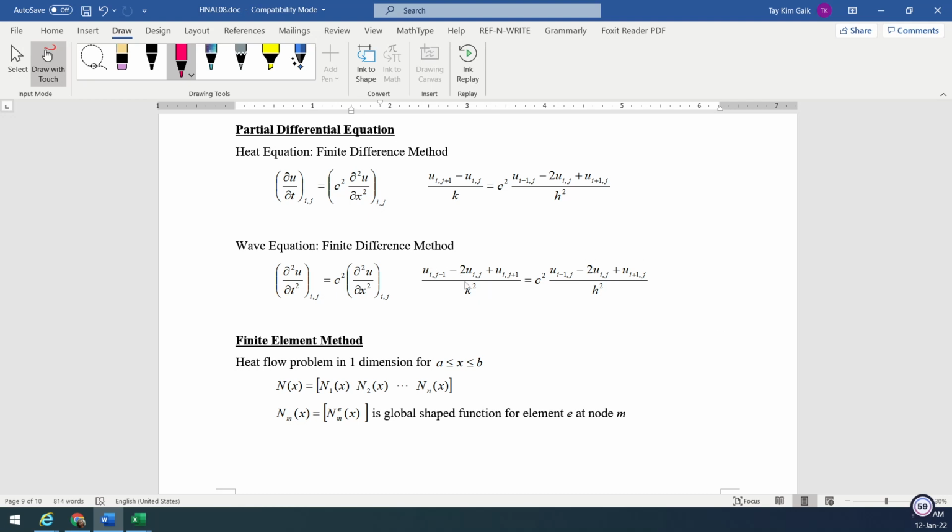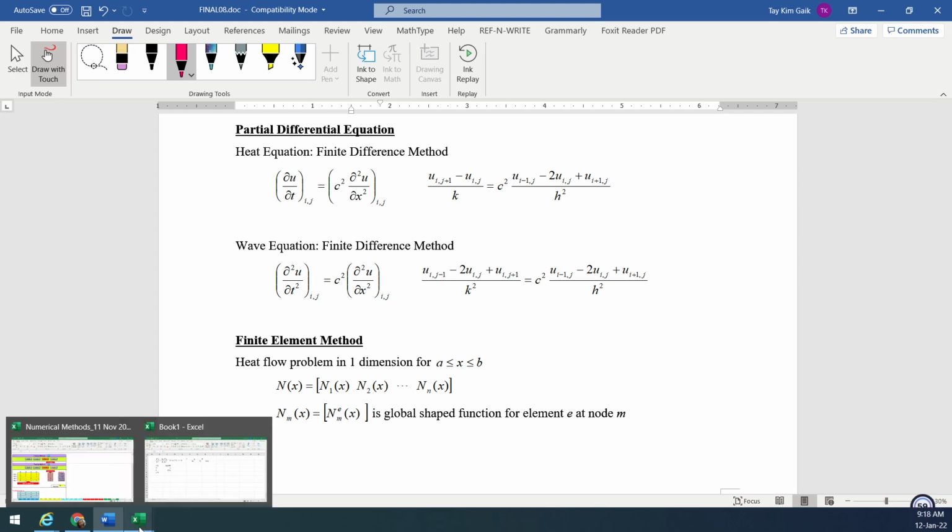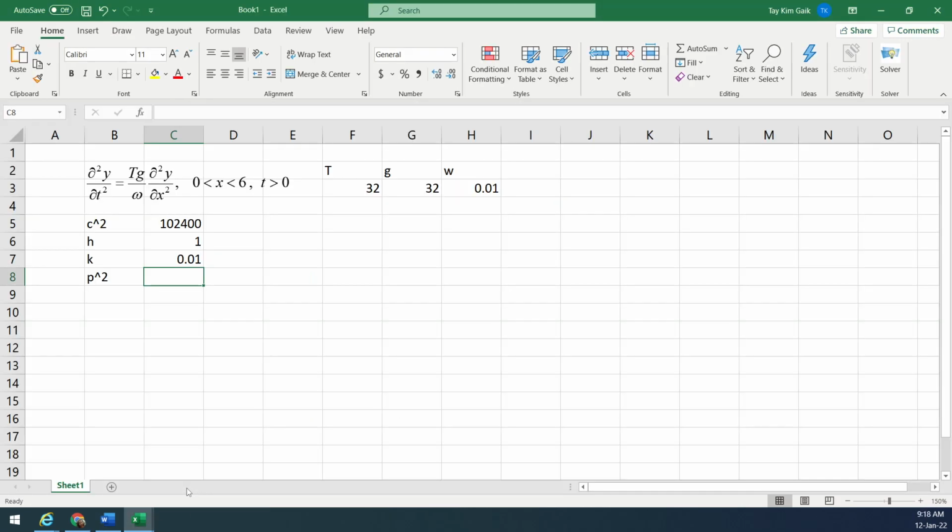The rho squared is actually your k squared, brought to the right hand side, k squared c squared over h squared. We denote it as rho squared. So it's k squared times c squared divided by h squared.